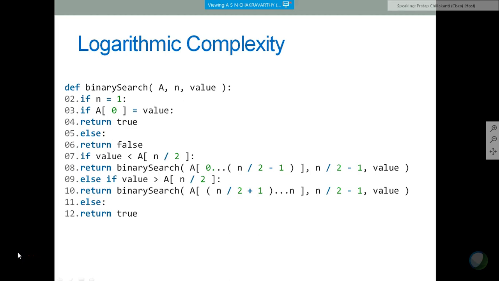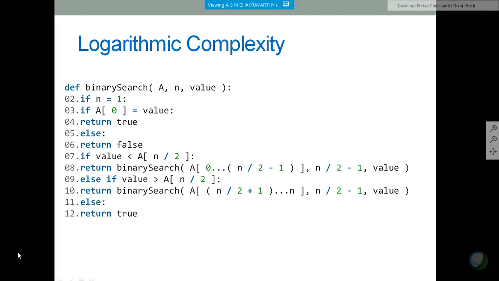What I want faculty members to do with the students is, on a piece of paper, let them draw a single dimensional array, sorted elements. Let's call it a 5-element array or 6-element array. Let them trace this program with that.